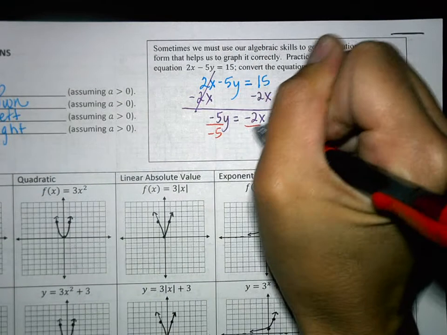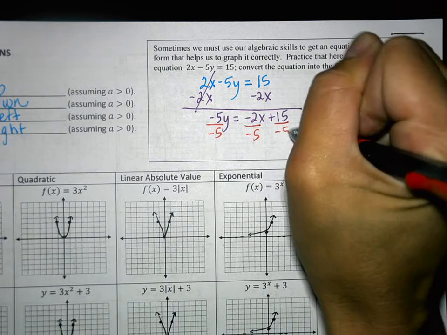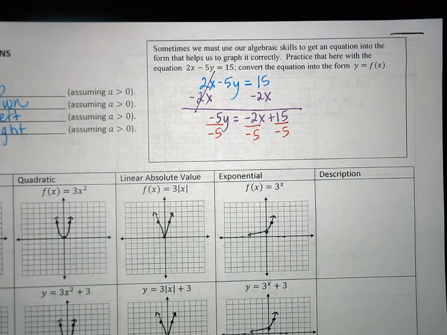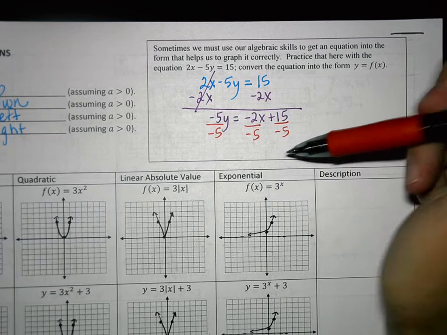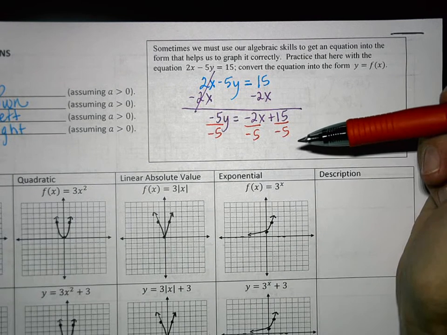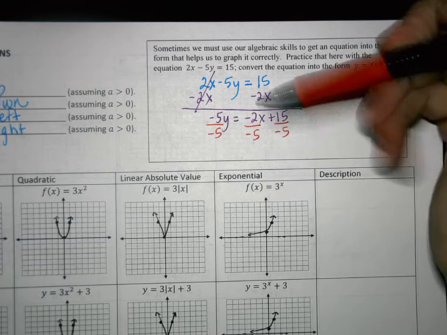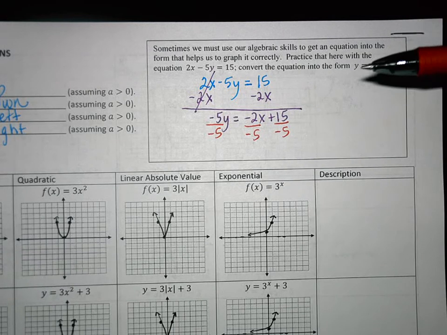So I like to divide by negative 5 to every term so that I don't forget to put the negative 5 with something. Okay, I know some of you write a whole line and put negative 5, and if that makes sense to you, that's totally fine, but just make sure the negative 5 is going to the negative 2x and also to the 15.